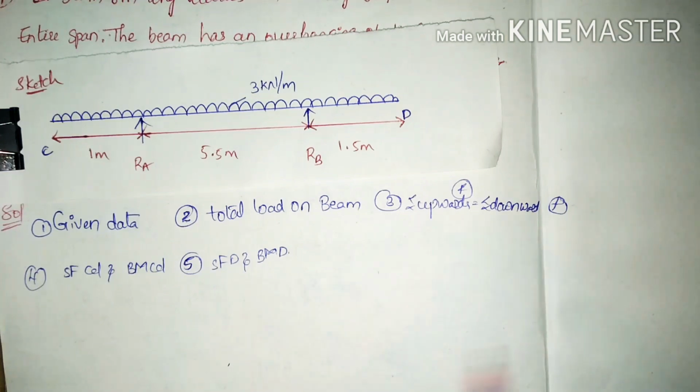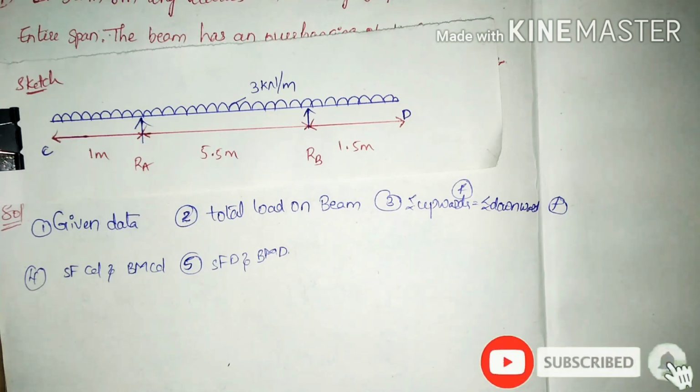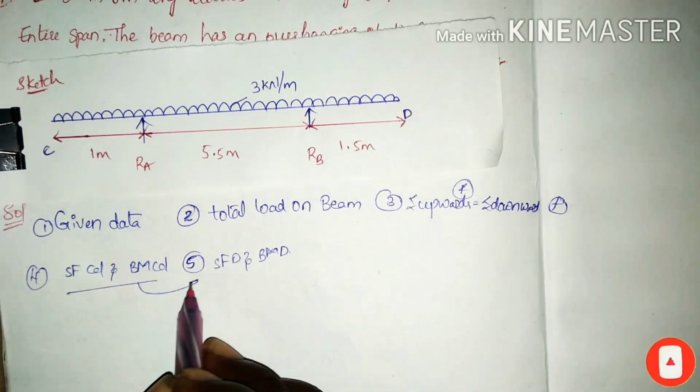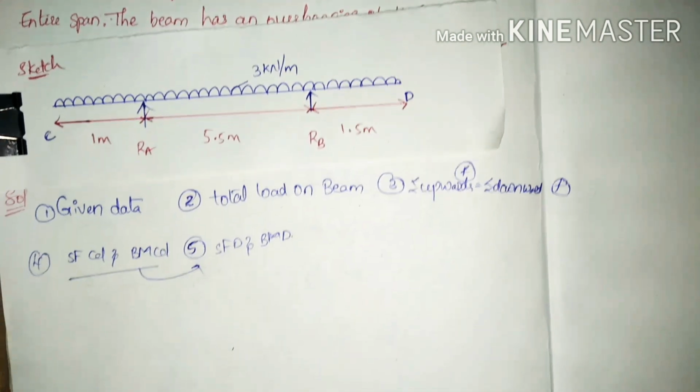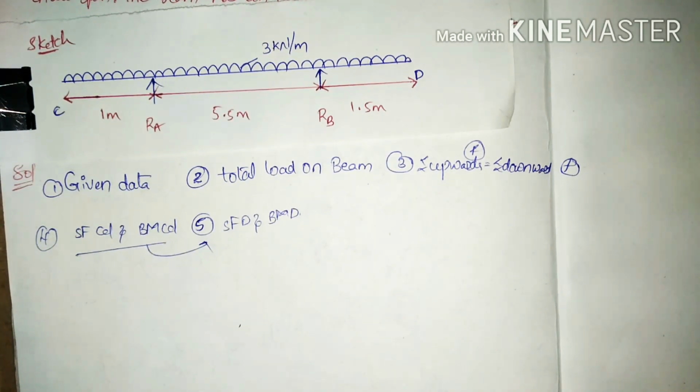We have only the UDL, so we have to convert it to a point load in kilonewtons. Number 4, shear force calculation and bend moment calculation. Number 5, shear force diagram and bend moment diagram with respect to their calculated values.